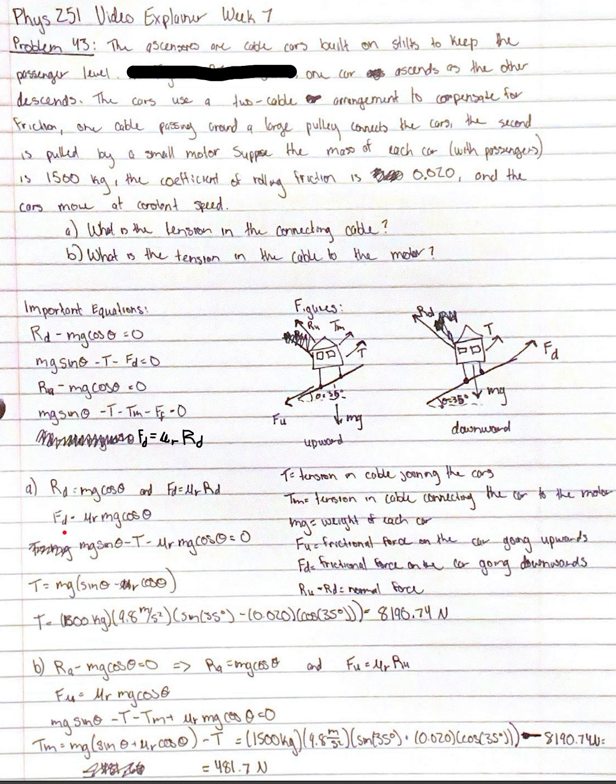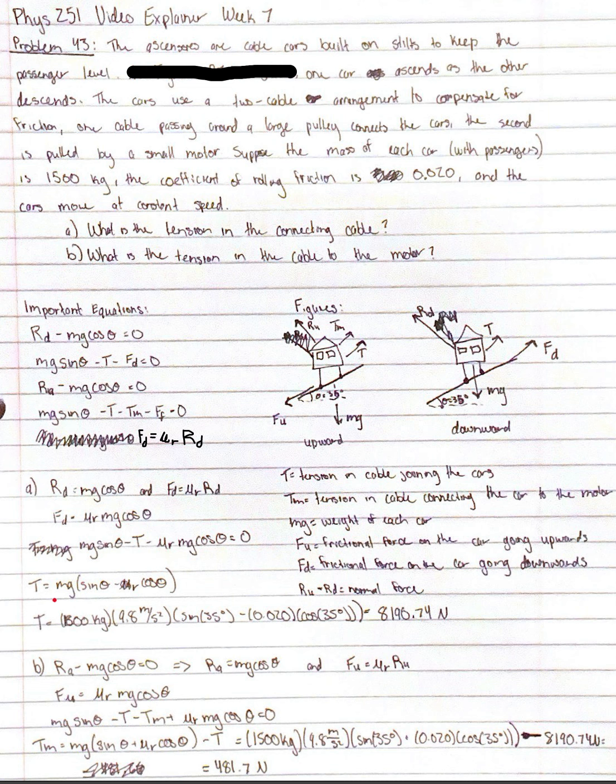Taking the same steps, we're going to plug this new friction value into this equation right here. When we do that, we have this newly written equation that we can then rewrite to get tension on its own.